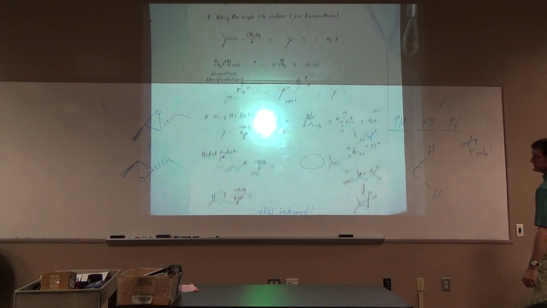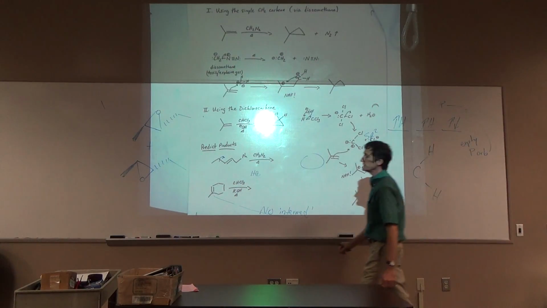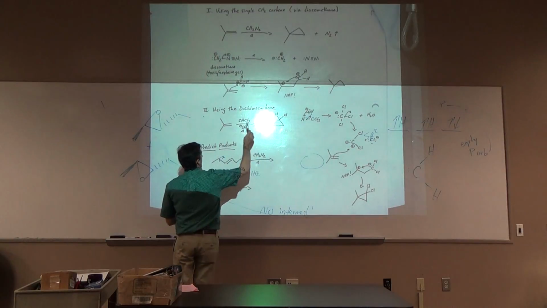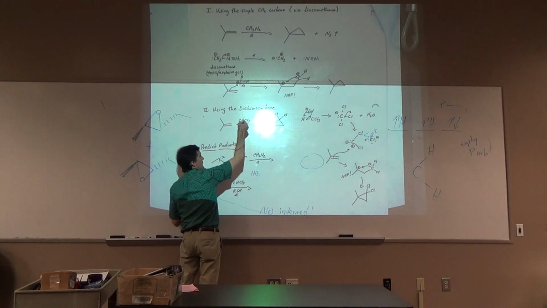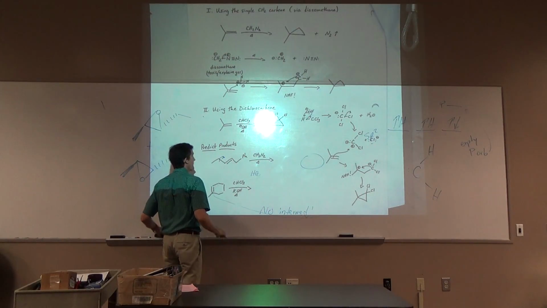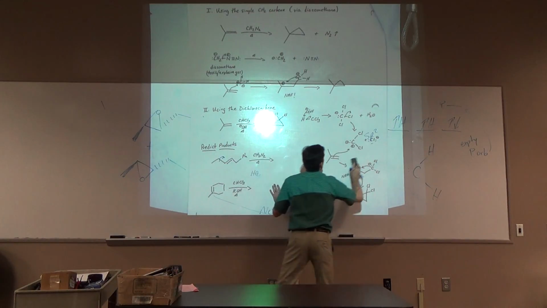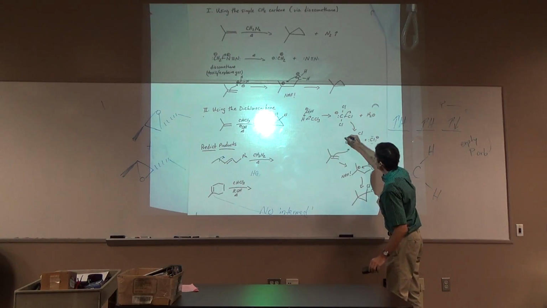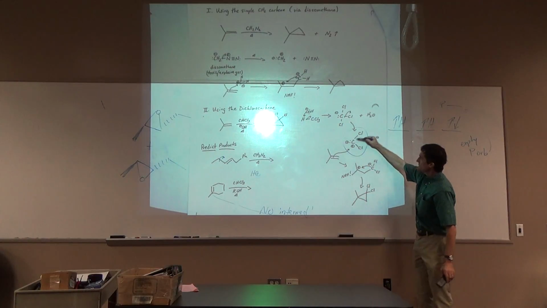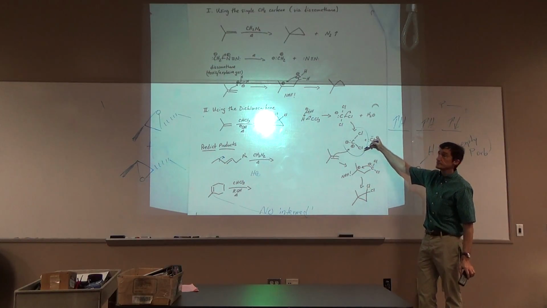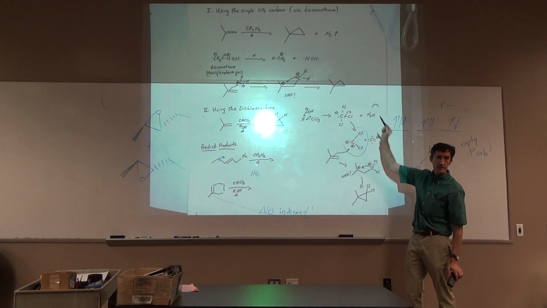Another way to make carbenes, which is actually more convenient, is to use chloroform and base. This will give a carbene, but it gives the carbon with 2 chlorines as opposed to carbon with 2 H's.